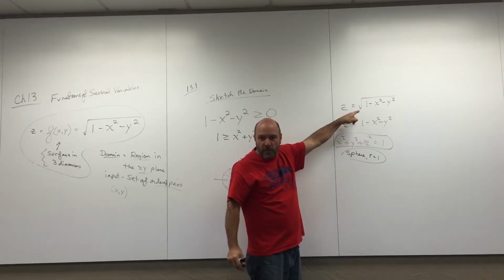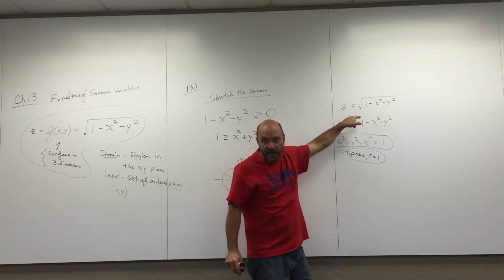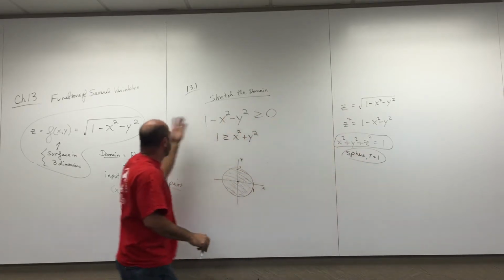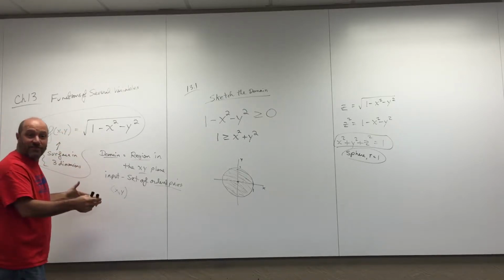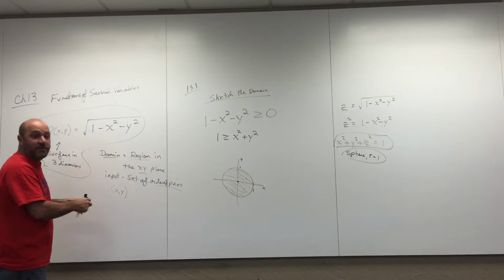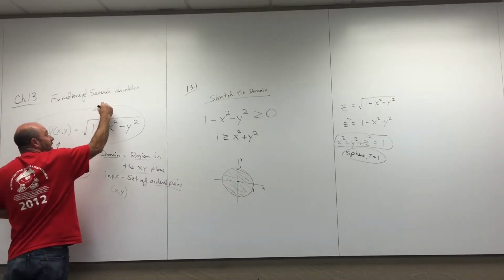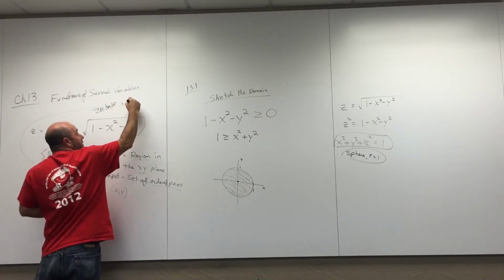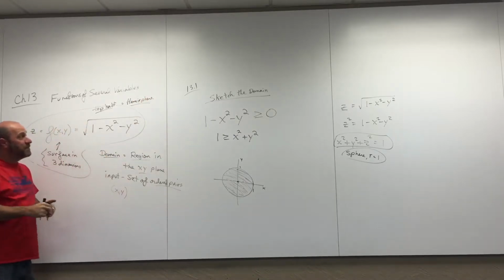But if you really take the square root of both sides, you should get plus and minus. So the plus and minus square root is actually the entire sphere. And I didn't have the plus and minus square root. I just had the plus square root, which is actually just the top half of the sphere. So technically, this is the top half of a sphere, or a hemisphere. And again, that's what this is.